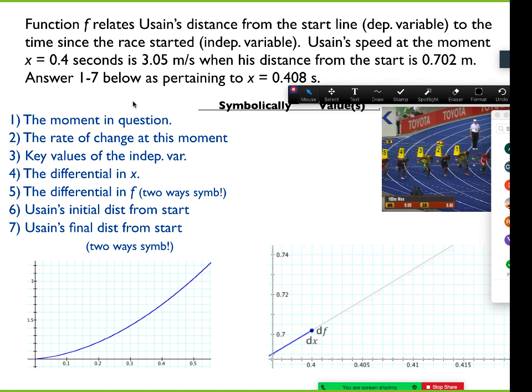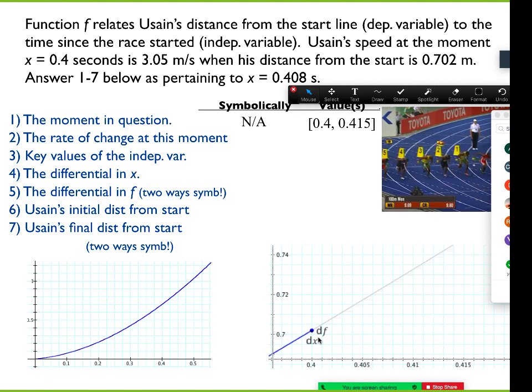So what is the moment in question? We could pick, say, from 0.4 to 0.415 or something like that. There's more than one right answer with this, but it's any small enough range of time in which we're considering a constant rate of change at 0.4.